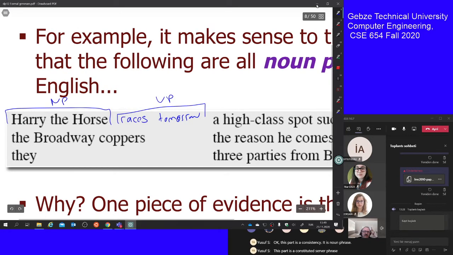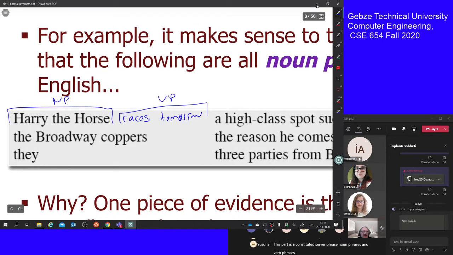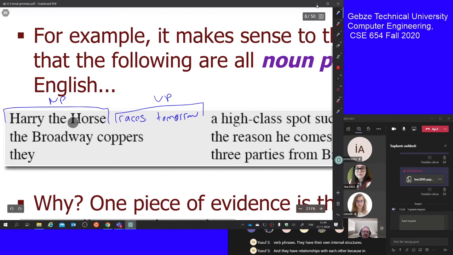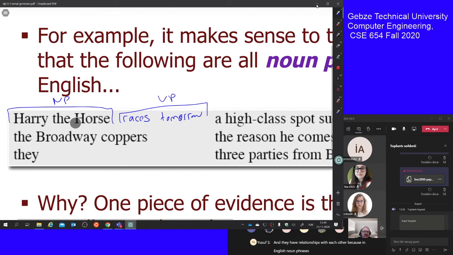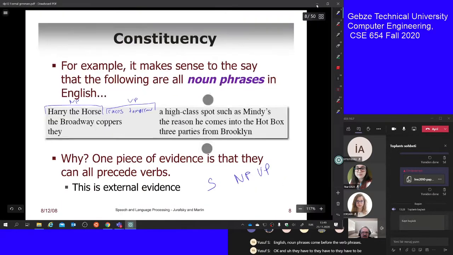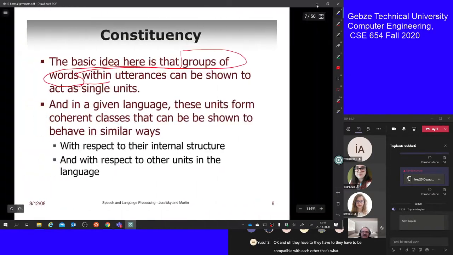Noun phrases and verb phrases have their own internal structure and they have relationships with each other, because in English, noun phrases come before the verb phrases. Okay, and they have to be compatible with each other. That's what we are saying in this case.